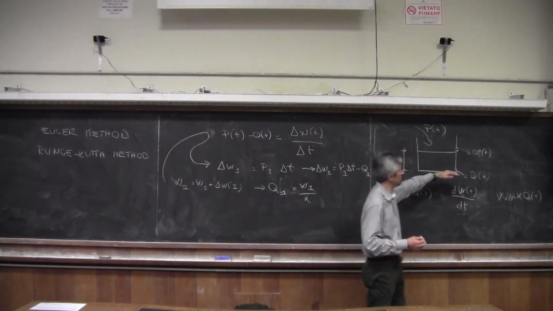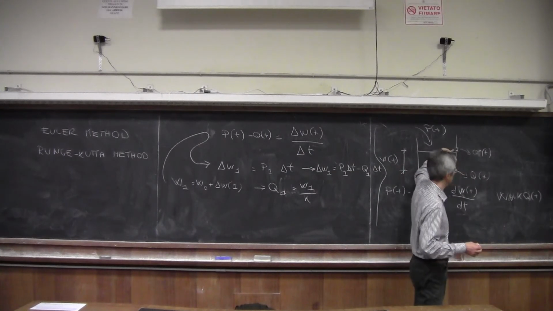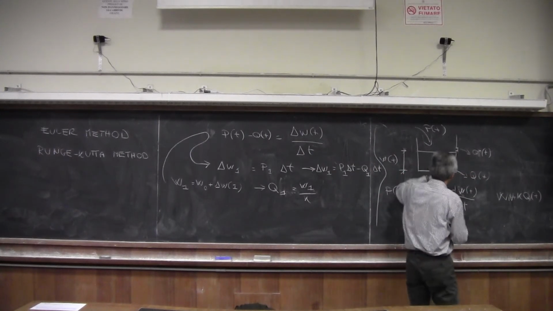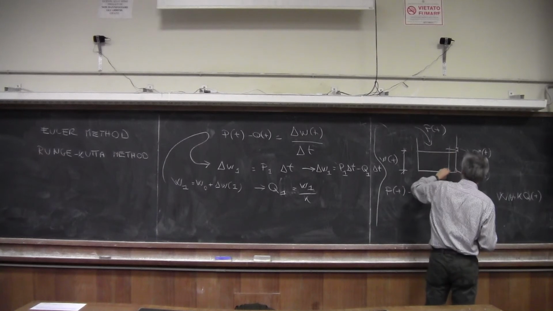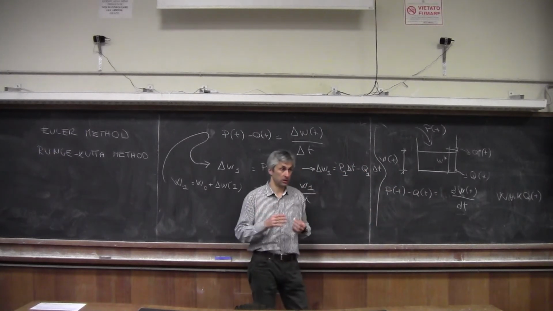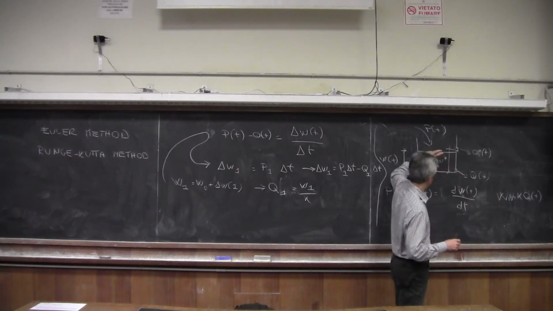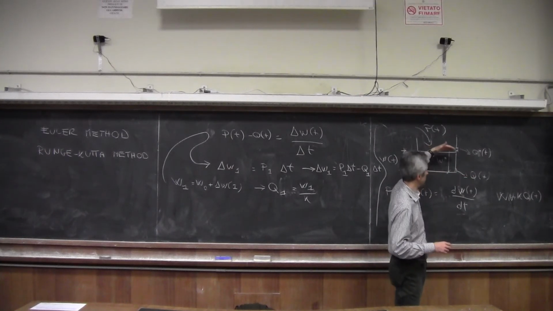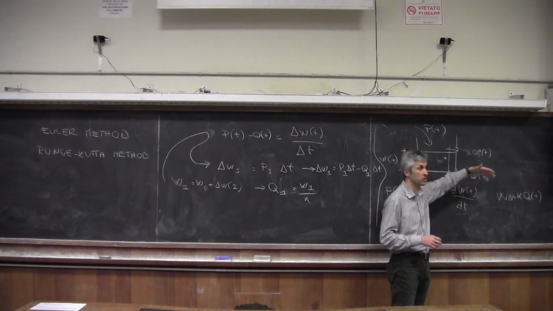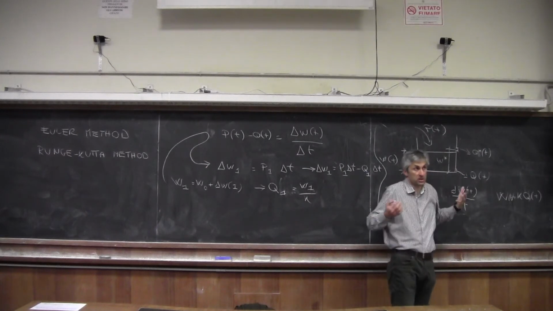The condition is that Q star is 0 until the storage gets to a fixed level. So let's identify this level as W star. And if W is lower than W star, then you don't have any outflow from here. If W reaches W star, you start with an outflow which could be linear and proportional to the exceedance of W with respect to W star, for instance.